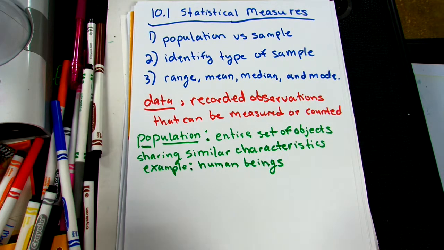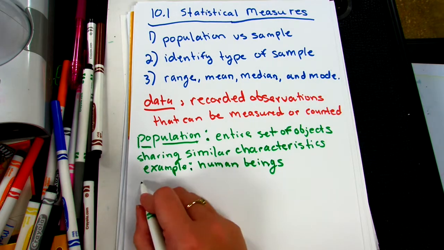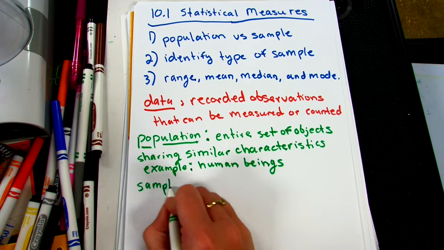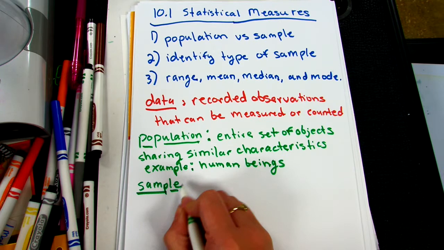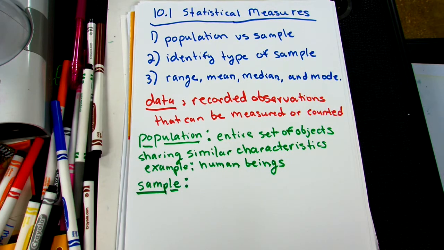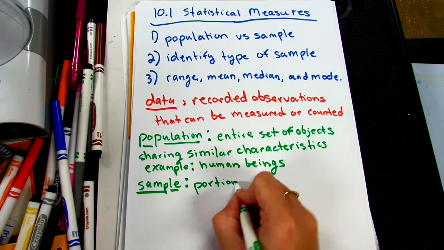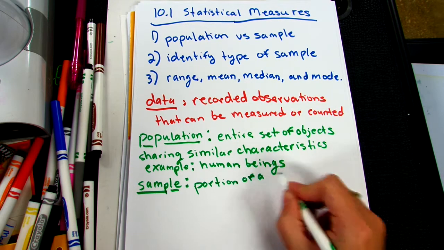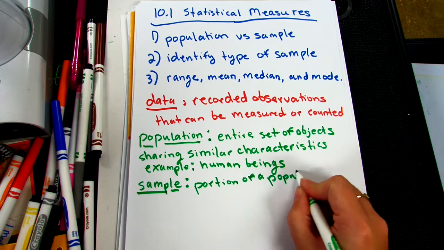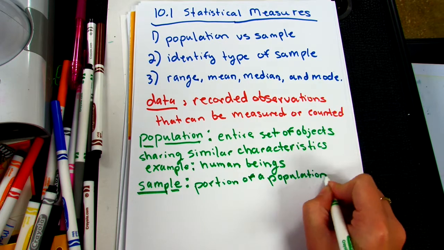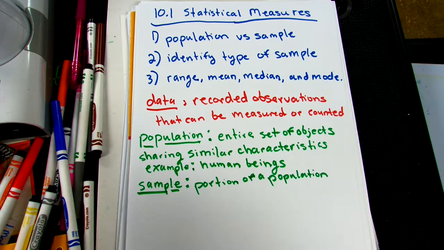All right, versus a sample. And when you think of sample, you can even think of a sample from a grocery store. You're just taking a small portion of a population. So a sample is a portion of a population from which data is collected to estimate the characteristics of the entire population.